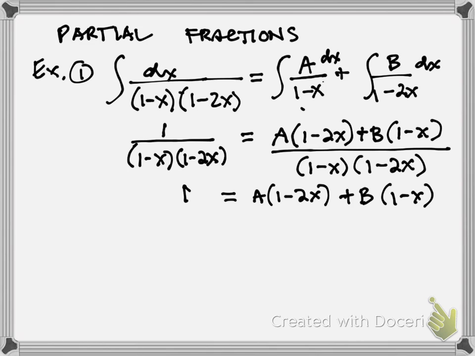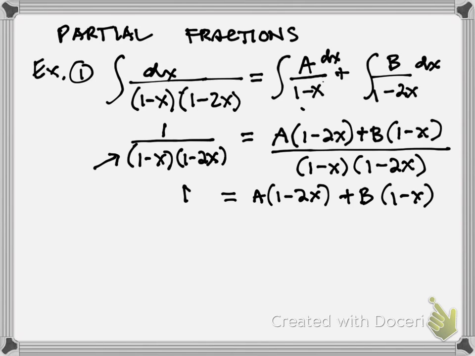So think, what will make the denominators 0? Look at the denominator. There are two factors, right? So what are the two values of x which will make them 0? Okay, so think about it here.